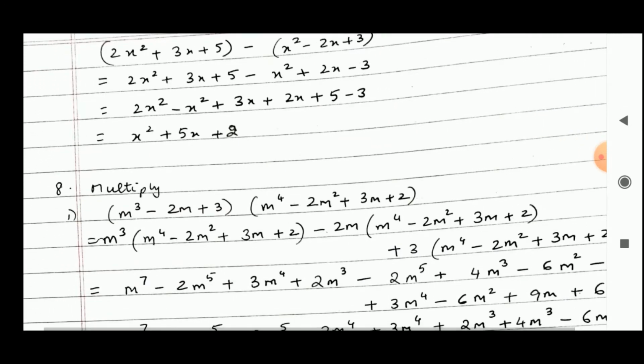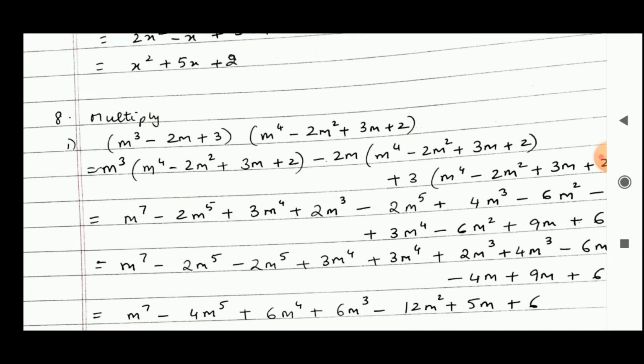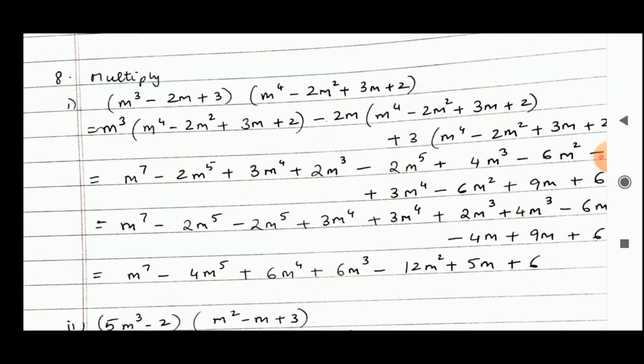Now 8th one, multiply. Now multiply here, take the first term of the first bracket and multiply with the second bracket. Second term of the first bracket is minus 2m into again second bracket plus 3 into again the second bracket.